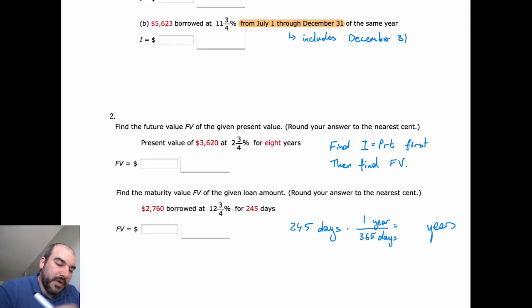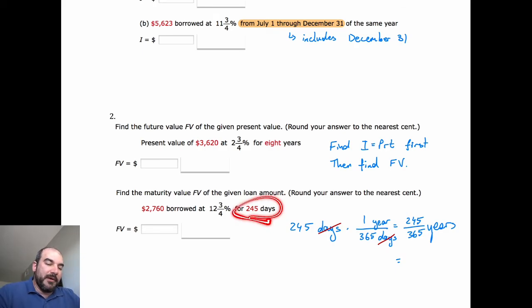If I do it this way, my days will cancel out, and I will be left with the units of years. All we're doing is multiplying 245 over 1 by 1 over 365. We multiply straight across and we get 245 out of 365, and you can probably reduce that fraction to simplest terms before putting it into the formula.